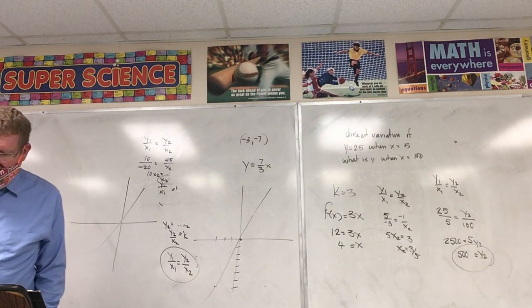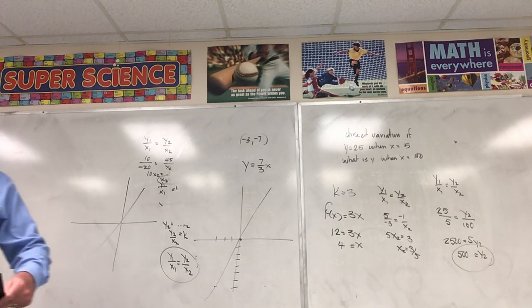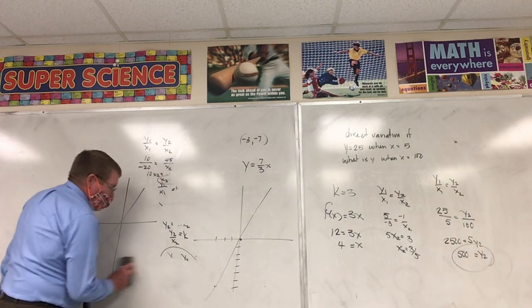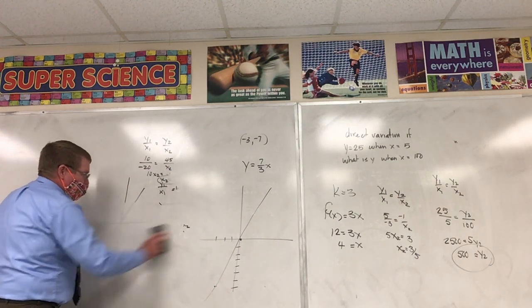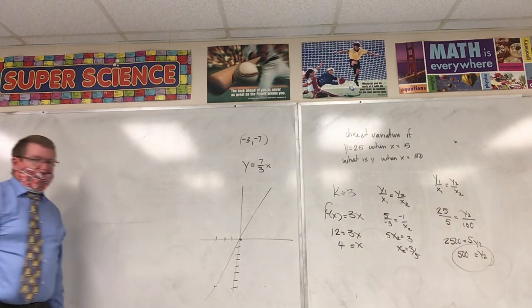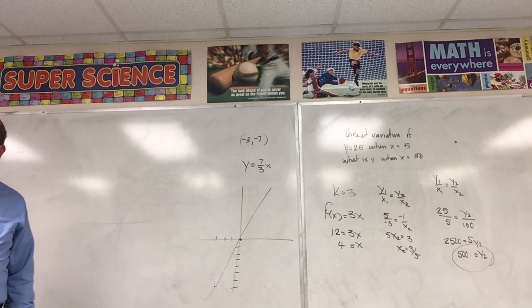38. -0.1 and 50. How do I find my k? Y over x. So this would be 50 over -0.1. What's 50 divided by -0.1?